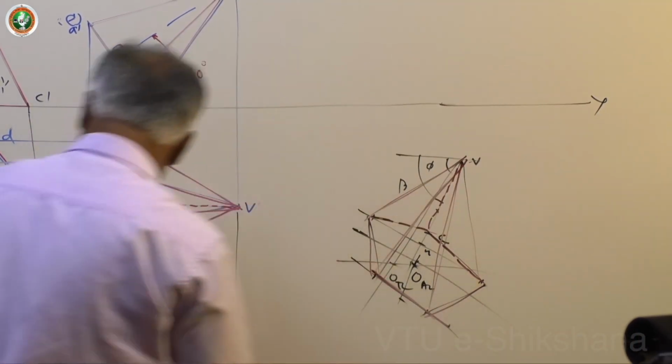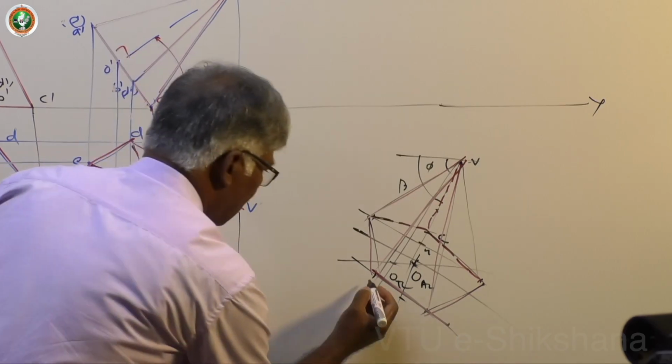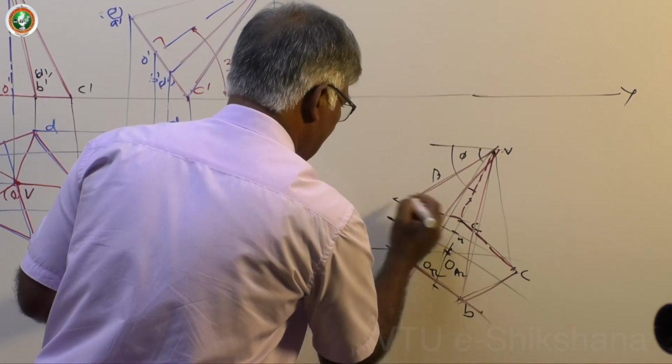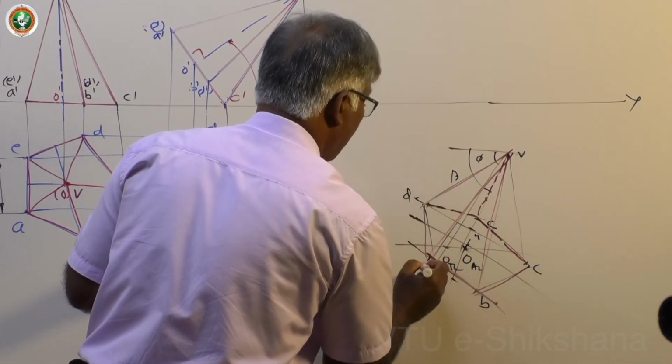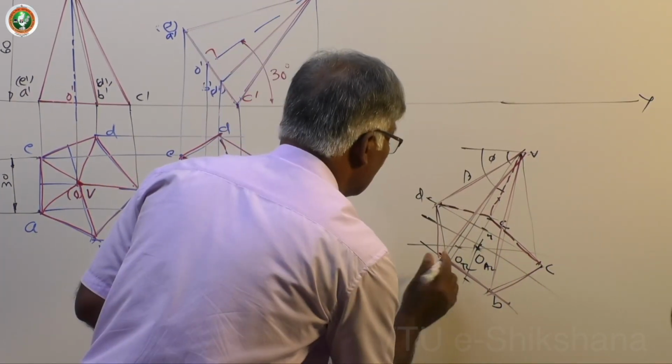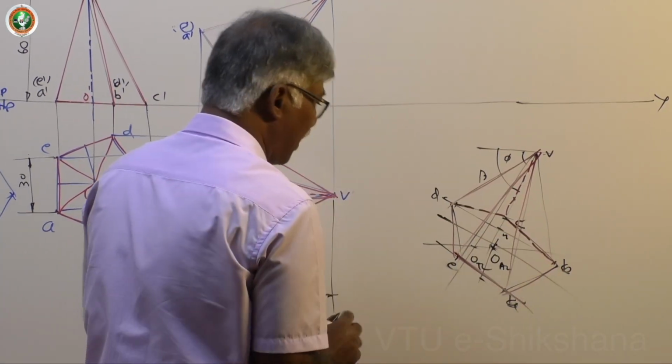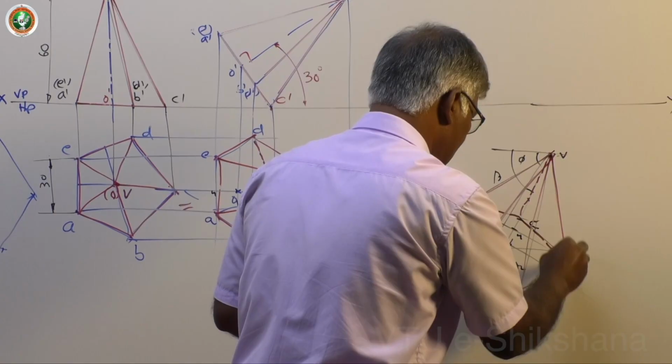Now name these points as available in the second figure top view: C, D, this is E, sorry, this is E, this is A, this one is B, and C is already there. Now dark all this.